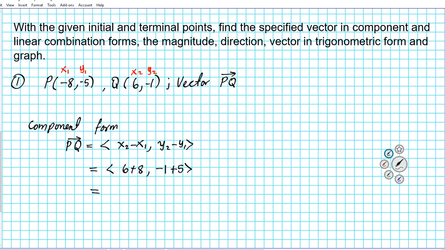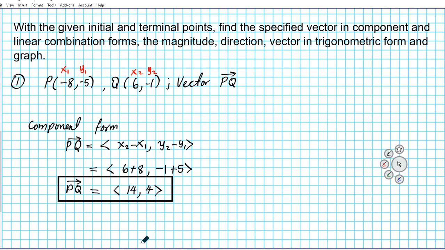When we do our arithmetic computation of the components of the vector, we have 14 in the x component and 4 in the y component. Note that the parenthesis is written as a pointed bracket, which is the mathematical notation for vectors. So there goes your first answer, our vector in component form.